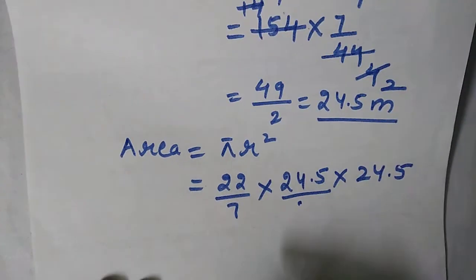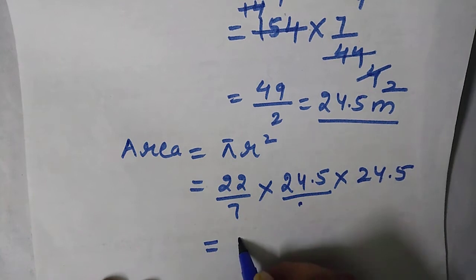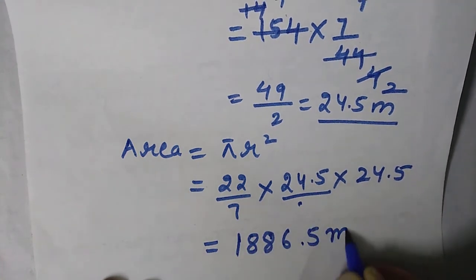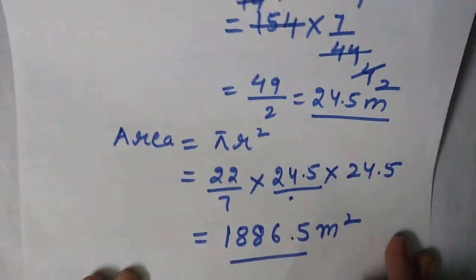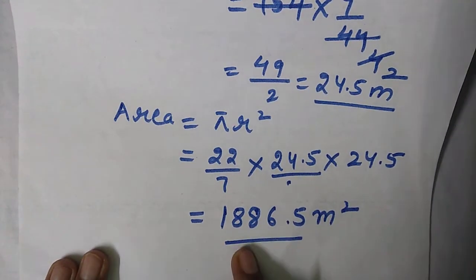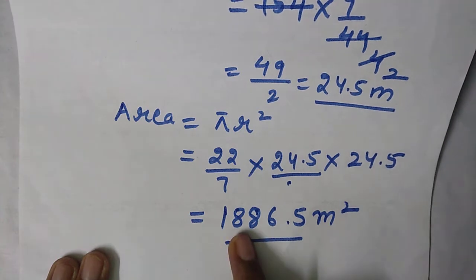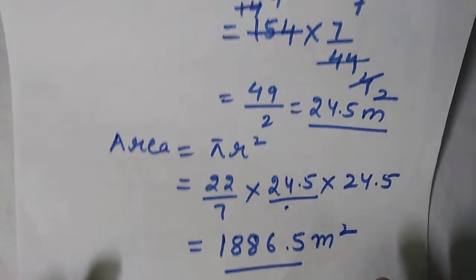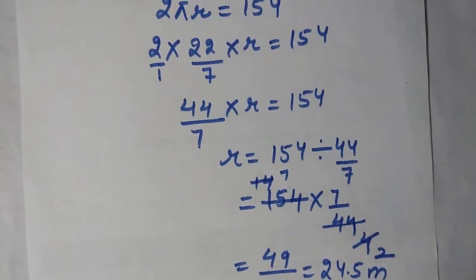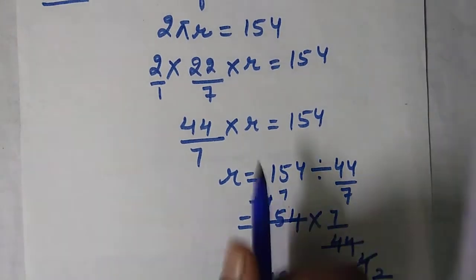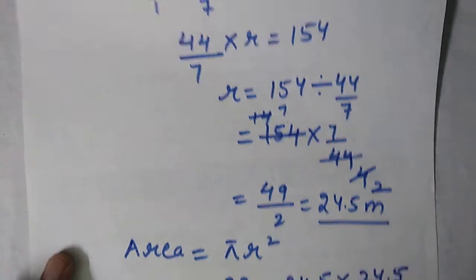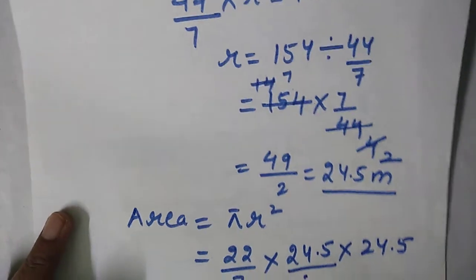On solving you will get the answer as 1886.5 meter square. So this is the area. This way you have to do question number 3. Circumference is given. How will you find the radius? Just apply the formula and further solve it. Okay, you will get the answer. So this is question number 3.